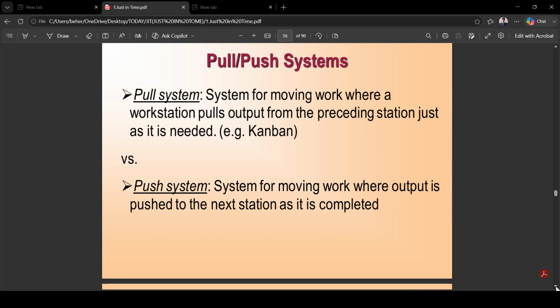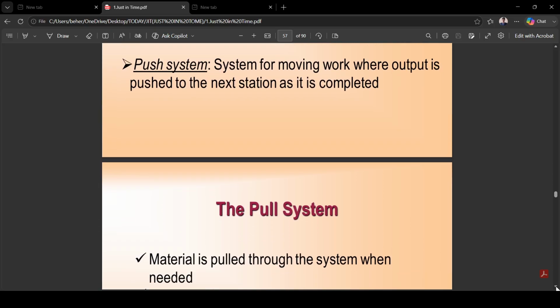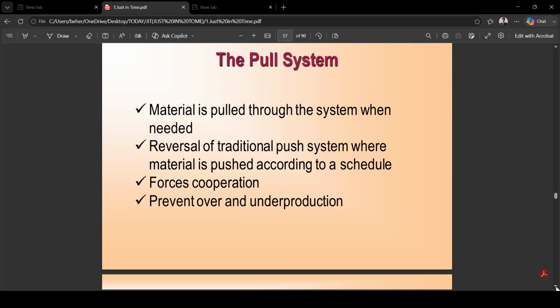That is called a push system. In the pull system, material is pulled through the system when it is needed, a reversal of the traditional push system where material is pushed according to the schedule.